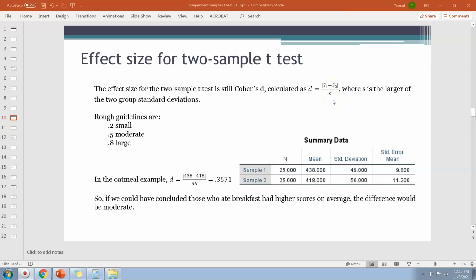If we had to pick the larger or the smaller, we're going to pick the larger, because if you pick the smaller one, this is going to be a bigger number than if you pick the larger one. If you put the bigger number in the denominator, this is going to be smaller. And if you remember when we were talking about type 1 and type 2 errors, we said we want to be careful and not overstate our results.